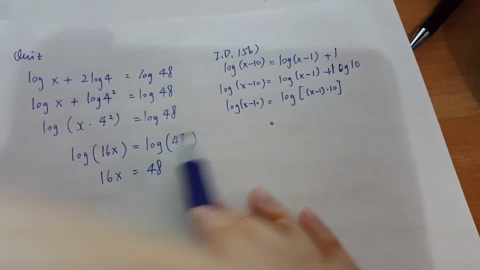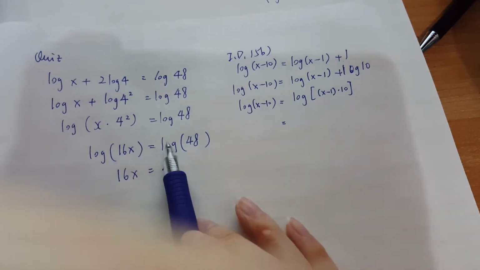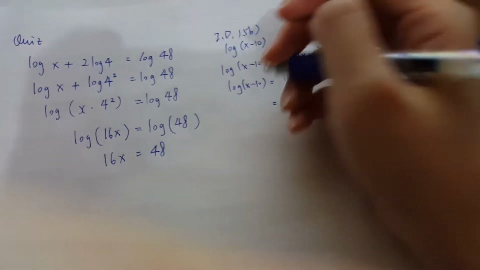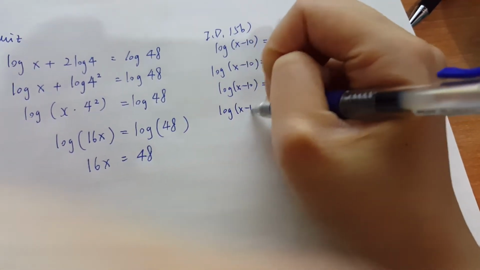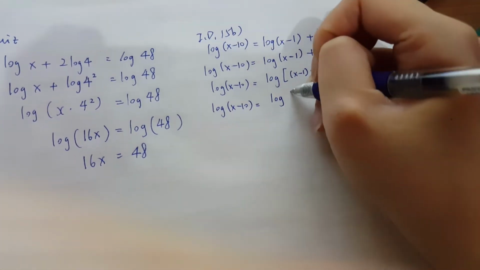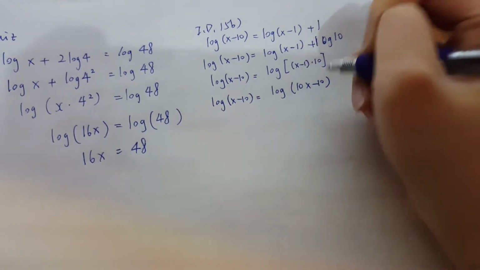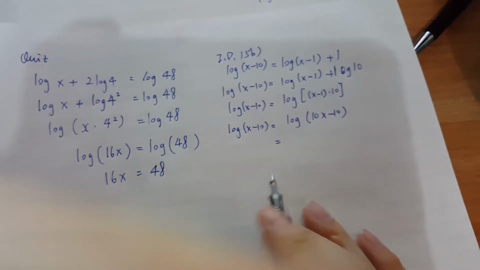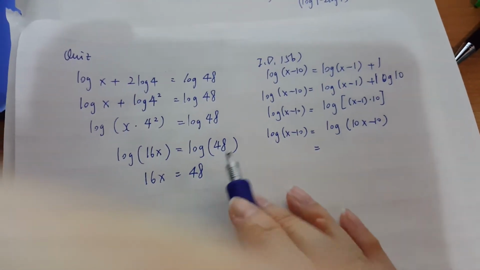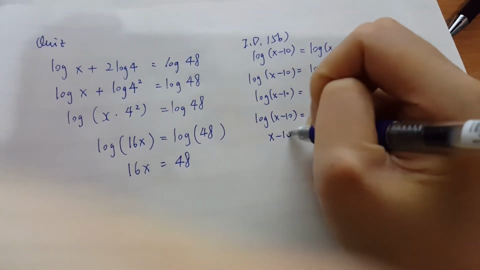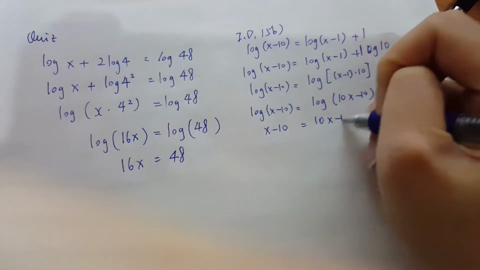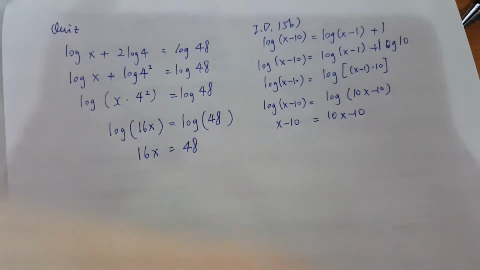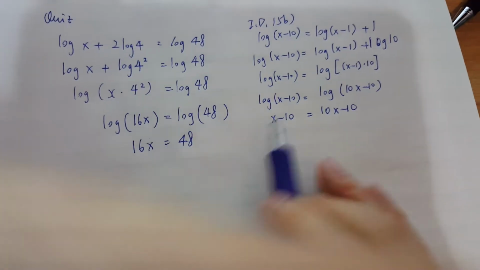Okay, both sides is log something equals log something. Okay, and then you can remove the log. And then this one would become simple calculation.